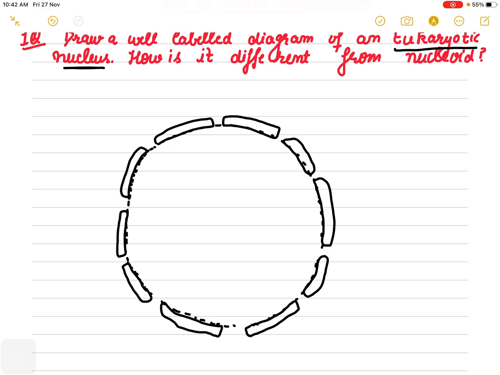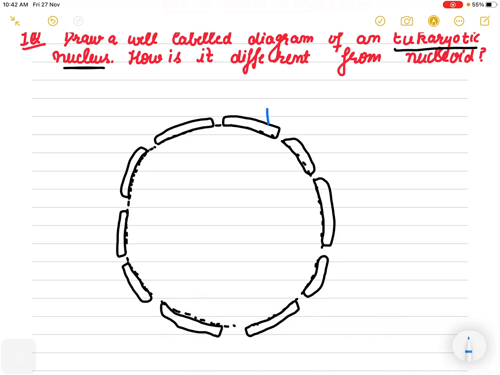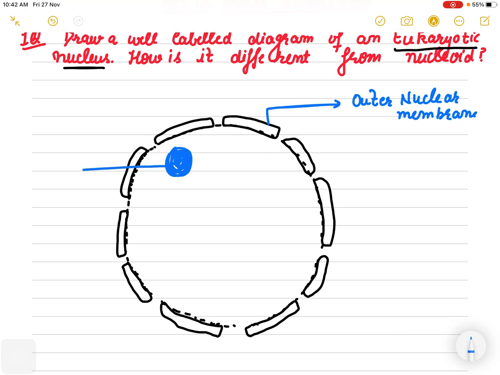So let's label it first. This is our outer nuclear membrane. Clear? Now the major portion which is present here is in the corner, not in the center. In the corner, on the side, there is this round nucleolus.